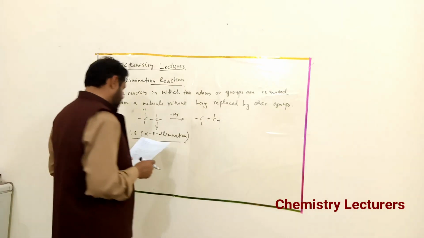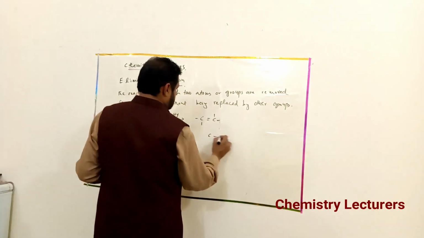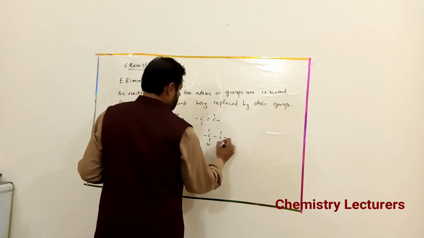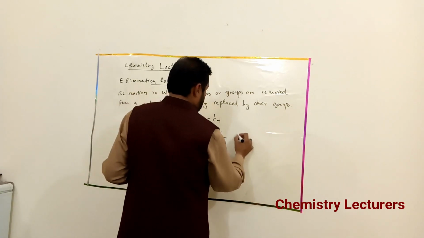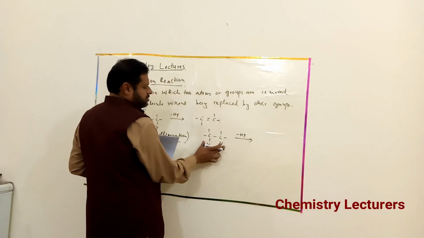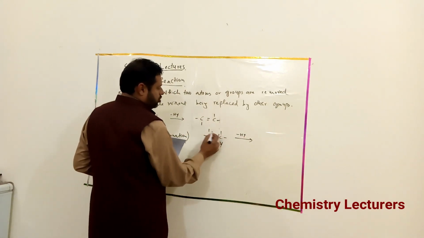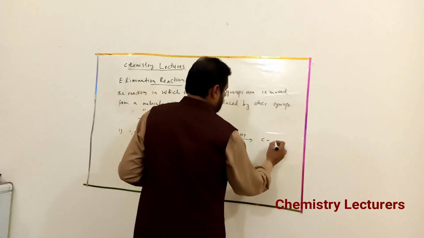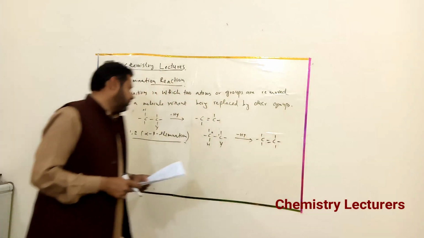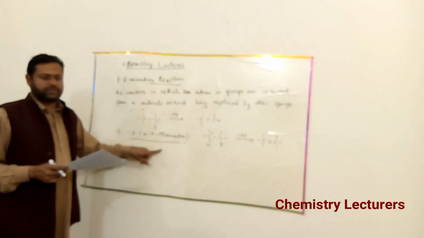For example, if you have this type of molecule in the same example and you remove the two groups Y and H from two adjacent carbon atoms, from the 1 and 2 carbon atoms, then this type of elimination reaction is called the 1, 2 or alpha beta elimination reaction.